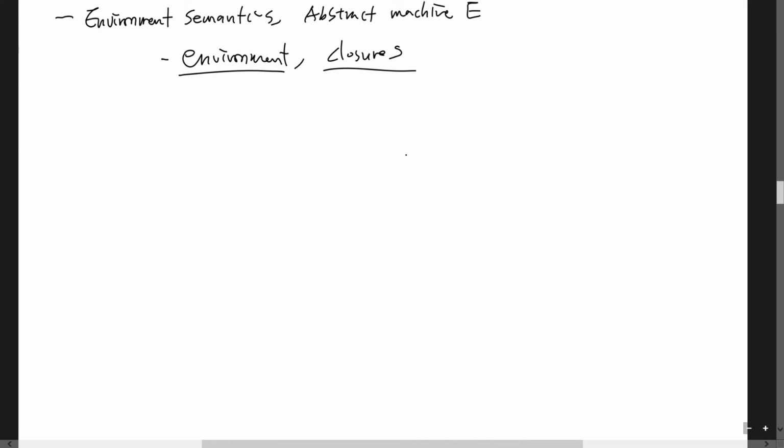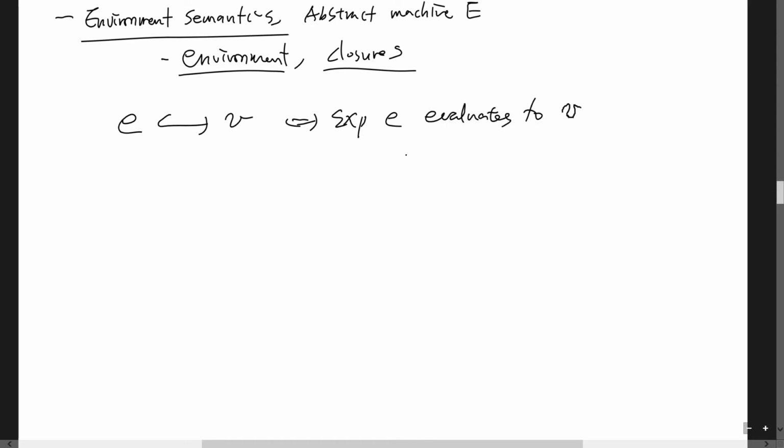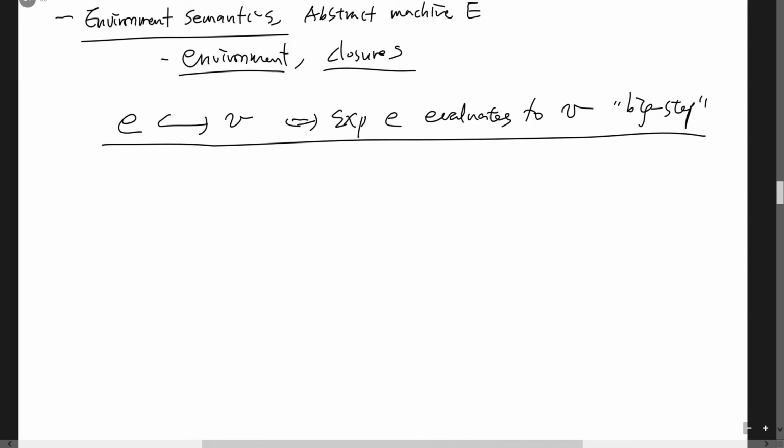So let's first talk about environment semantics. Previously we learned this evaluation judgment, e ⇓ v, which means that expression e evaluates to value v in a single big step. And the goal now is we'd like to exploit something called environment and eliminate substitution of this form, v for x in expression e.